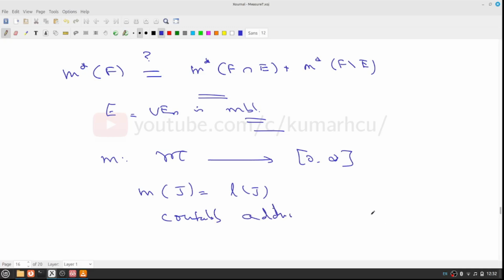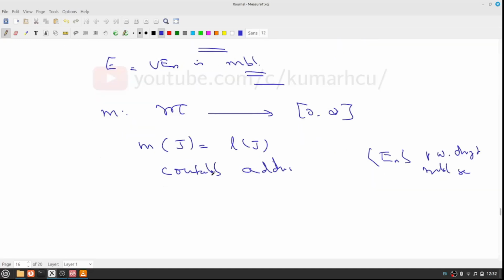What does countably additive mean? I have to start with a pairwise disjoint family of measurable sets, that is, the elements of a countable family. Then m of the union of En is the summation of m of En. Okay, you are all done.